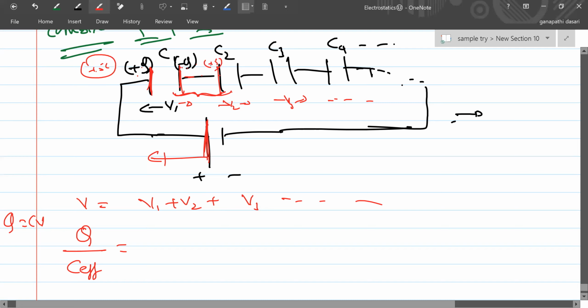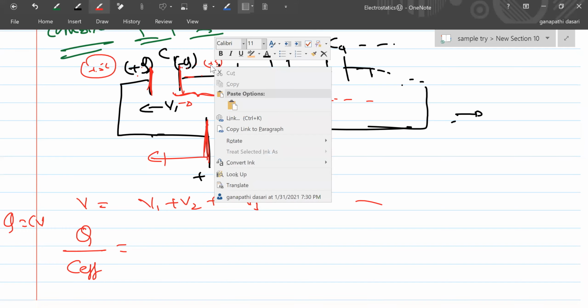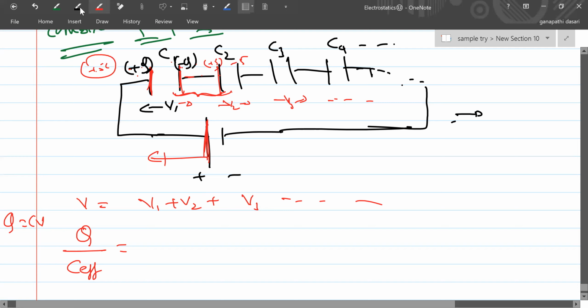If plus 5 is here, again here minus 5 will be there. Like that, plus Q, minus Q, plus Q, minus Q, these are neutral plates, but the charge will be attained on these plates. The same amount of charge will be attained. So in series connection, all the capacitors will have equal charges.